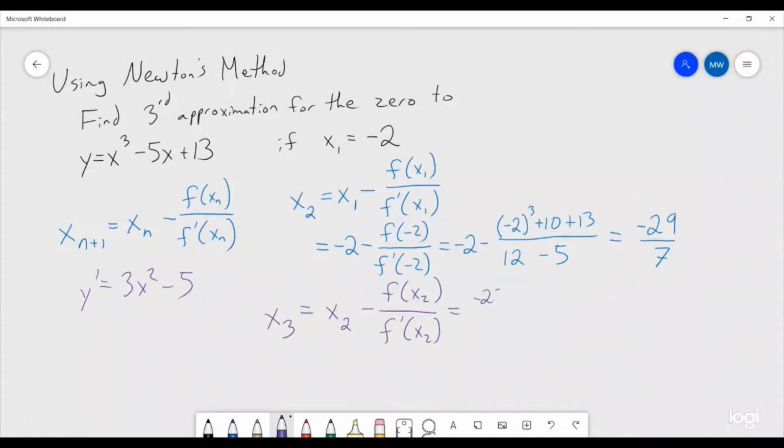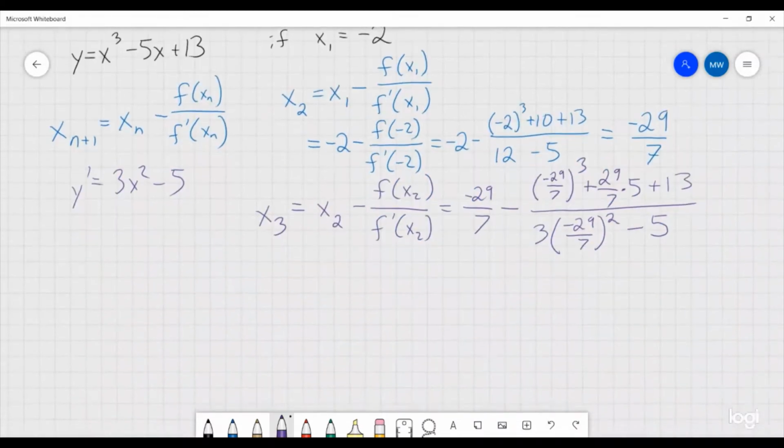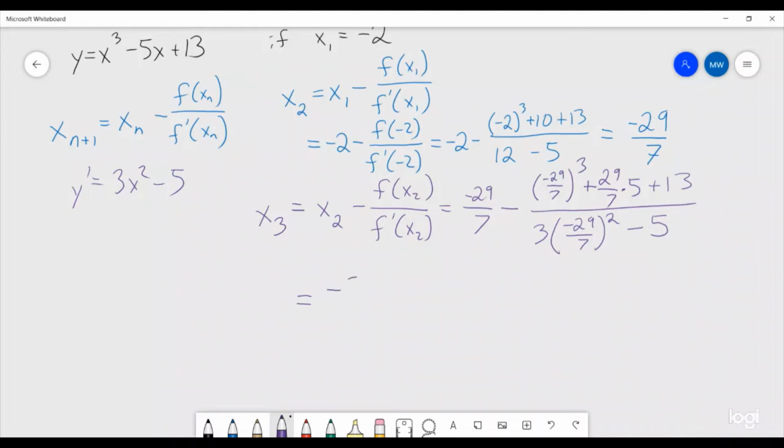So this is going to be -29/7 minus, we got -29/7 cubed minus 5 times -29/7, plus 13, divided by 3 times -29/7 squared minus 5, and you'll just have to expand this fraction out, combine terms, simplify, and when you do that, you find that x3 is -53,237 divided by 15,946.